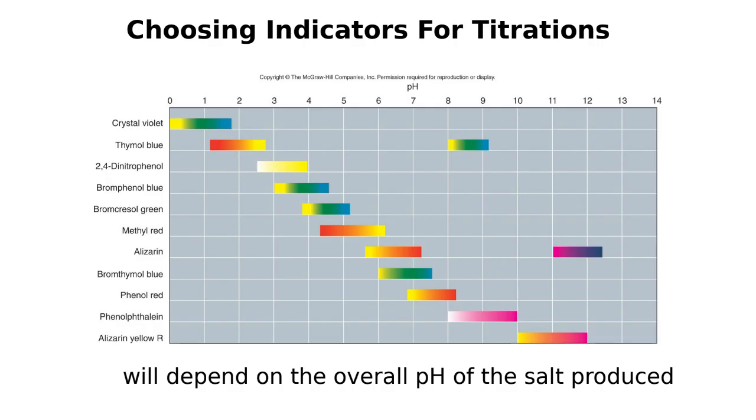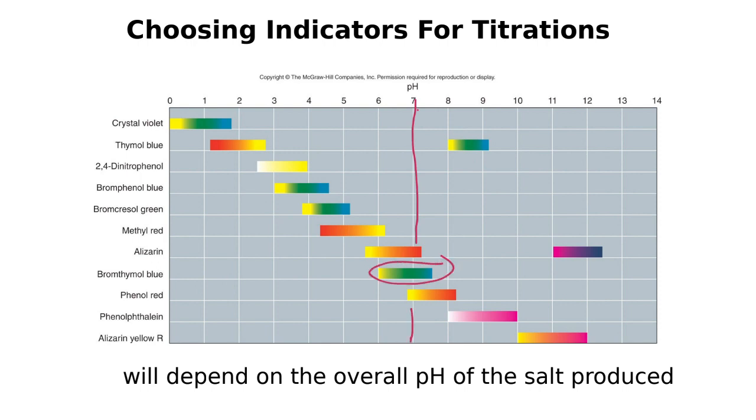There are a variety of indicators that are used for titrations. And because we now are aware that neutralization reactions don't always happen at a pH of 7, you'll notice all these different indicators that we potentially use if you have a weak acid, weak base combo. Actually, at a pH of 7, there's only about 3 indicators that we can use.